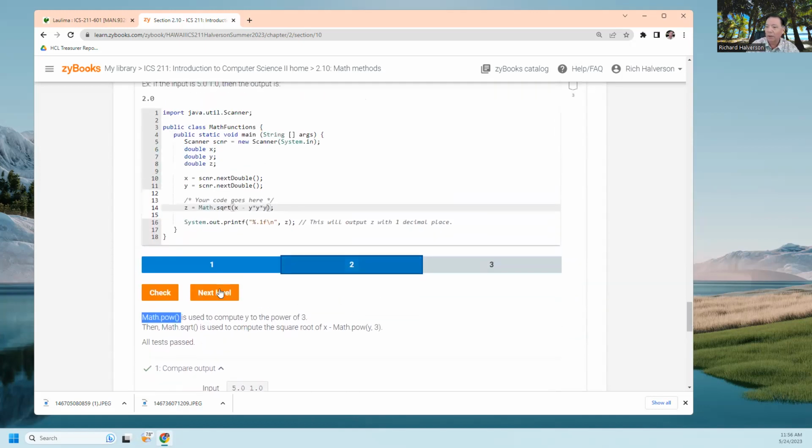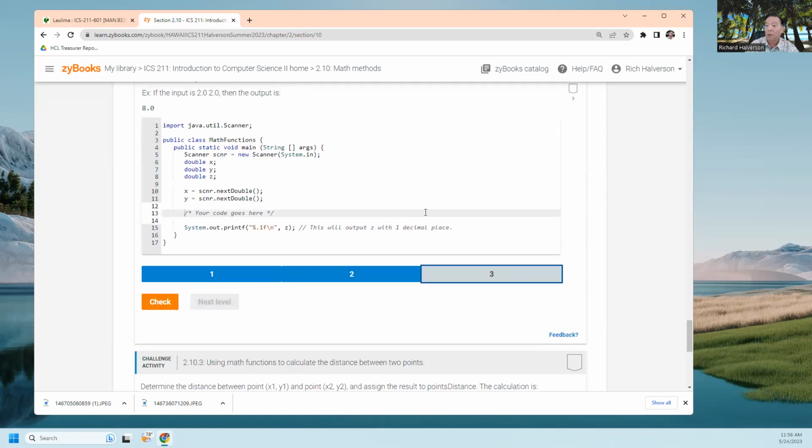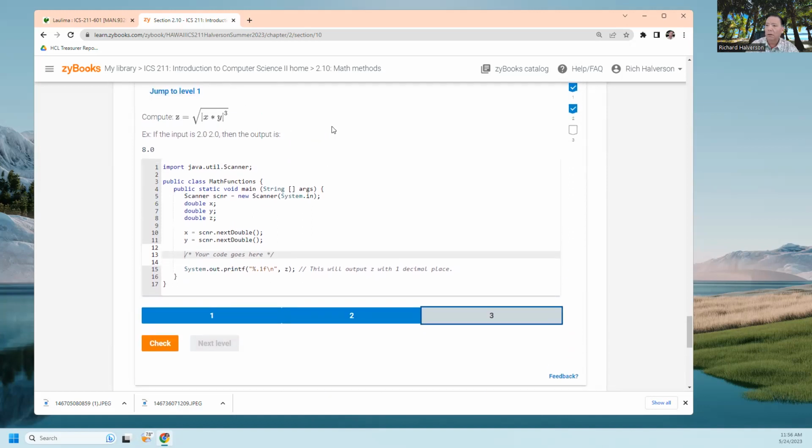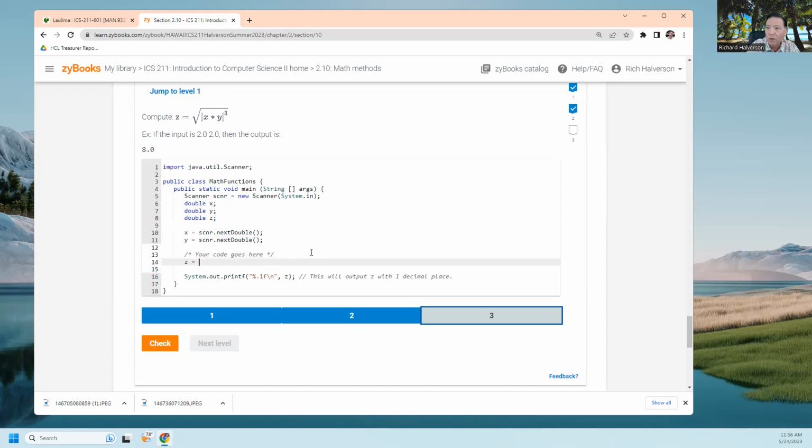Anyway, what's next? What am I gonna write? Goodness. Z equals, let's see, the whole thing is Math.sqrt, and inside there is Math.abs, parentheses, x times y, close the absolute value. Well, I got to multiply that by 3.